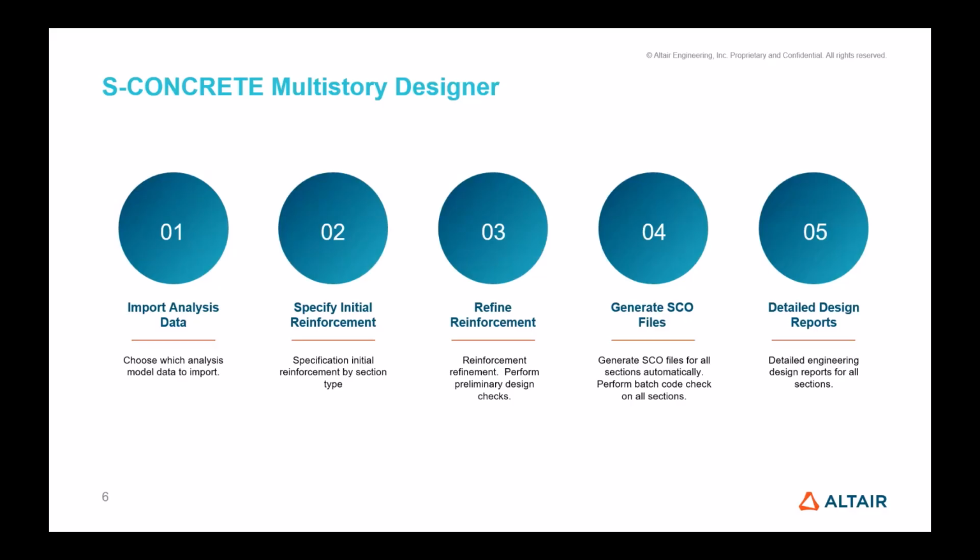If you are convinced that you are getting preliminary design checks that are okay, you can generate the S-concrete files for each one of your elements in this model. It's going to automatically perform the batch code checks of all of the different sections. Then it generates the detailed design reports.